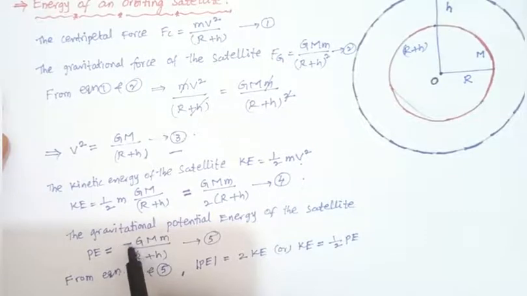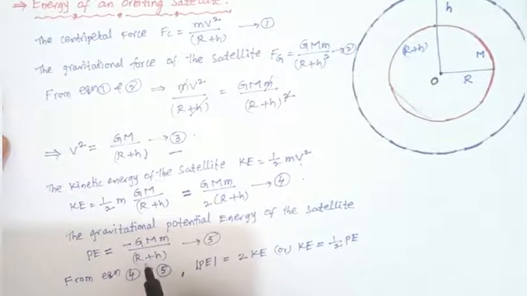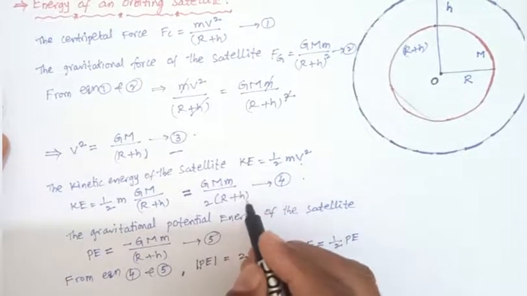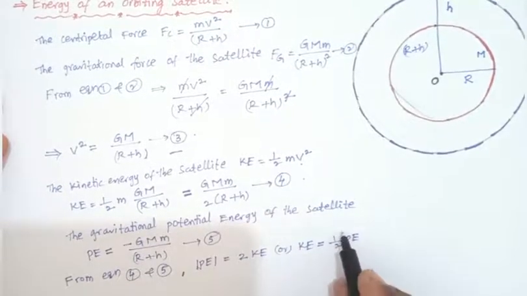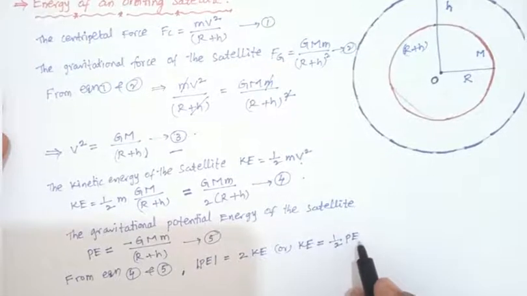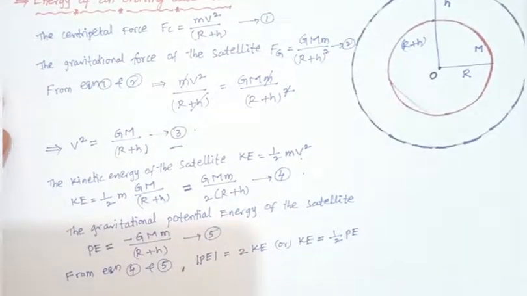We have not considered the negative sign. GMm by R plus h is nothing but the potential energy, so kinetic energy equals half into potential energy.